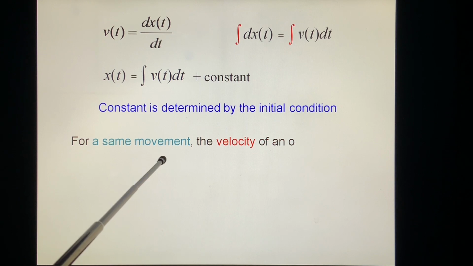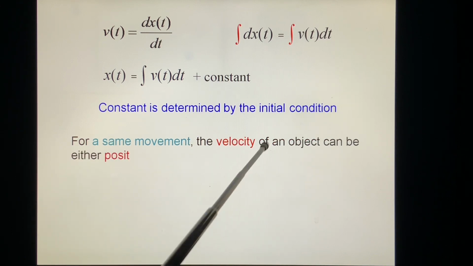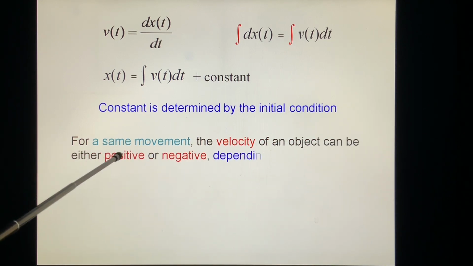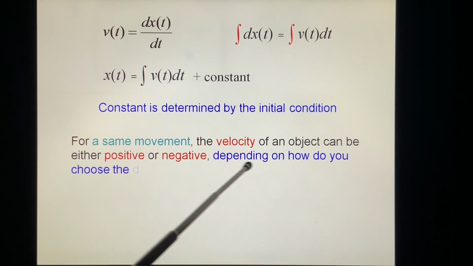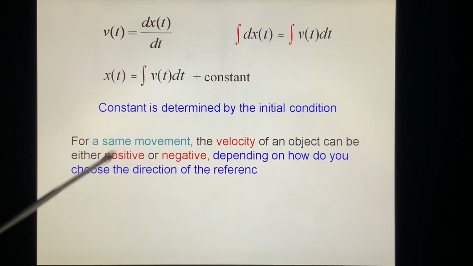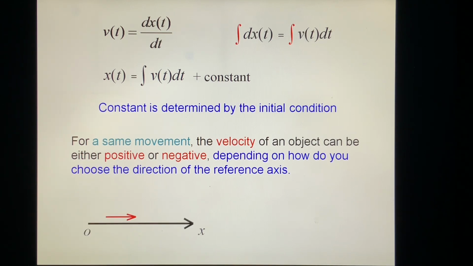For the same moment, the velocity of an object can be either positive or negative, depending on how you choose the direction of the reference axis. For example, this is v, your direction. If we choose the positive direction of the reference axis to be this direction, then this is positive.